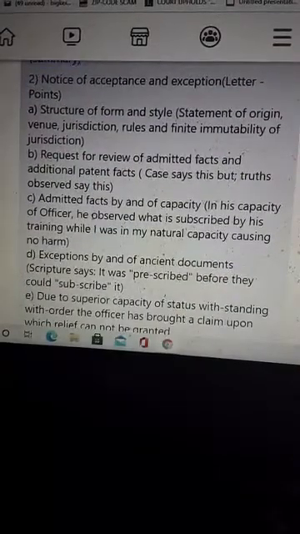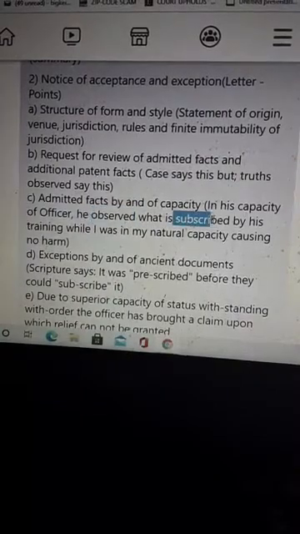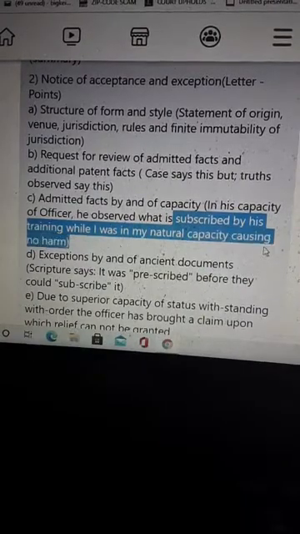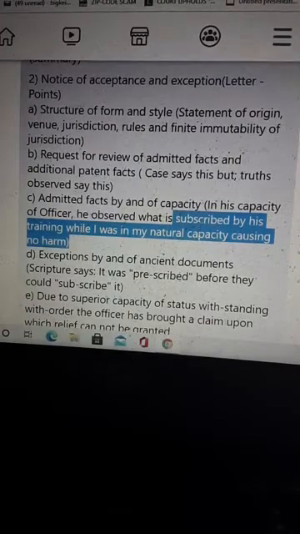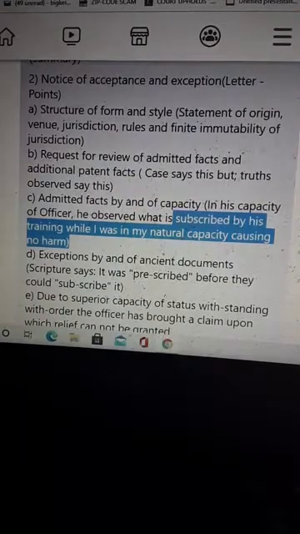He observed what is subscribed by his training, while I was in my natural capacity, causing no harm. That's going to be your basic concept that you want to convey in your writings: causing no harm from what I observe inherently.